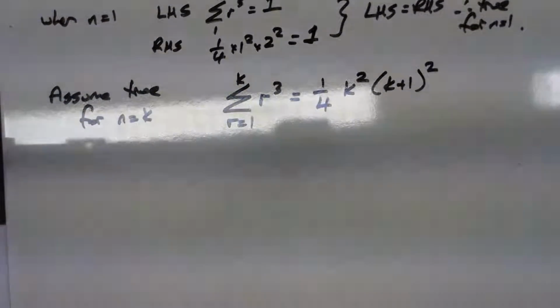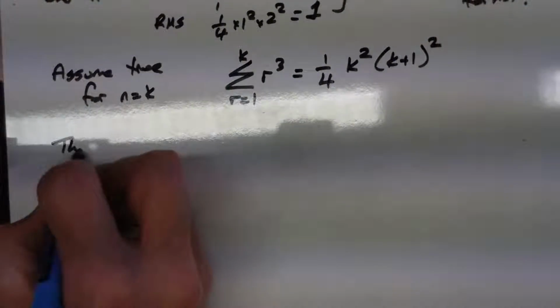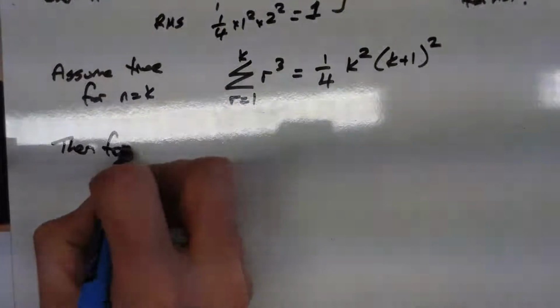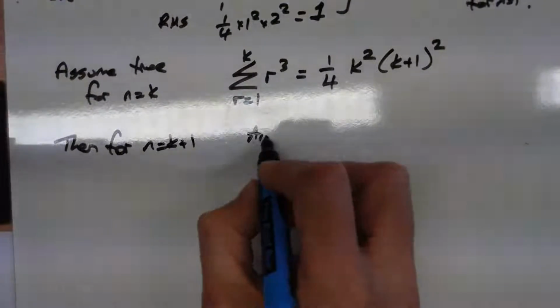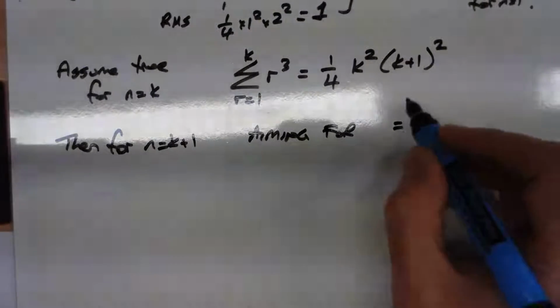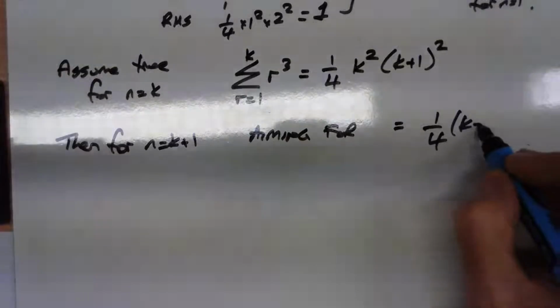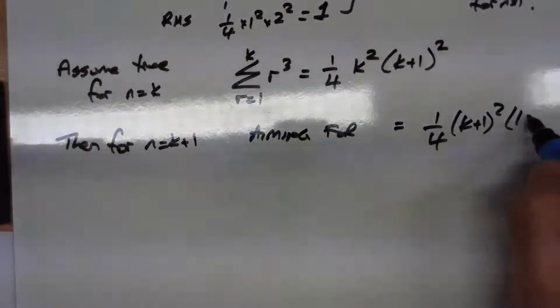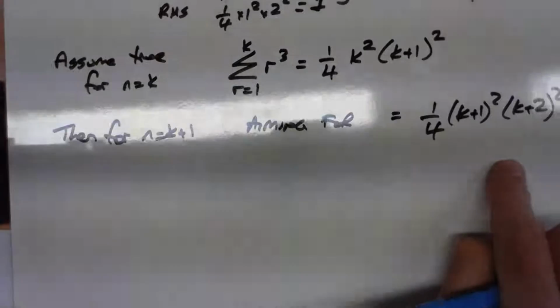And if you want to, at this point we want to say then, for n equals k plus 1, it should be, we're aiming for this thing here with a k plus 1 in it. So stick a k plus 1 in there, and we've got a k plus 1 in there, k plus 1 plus another 1. So that's what we're aiming for.